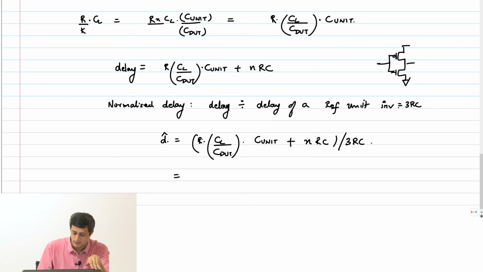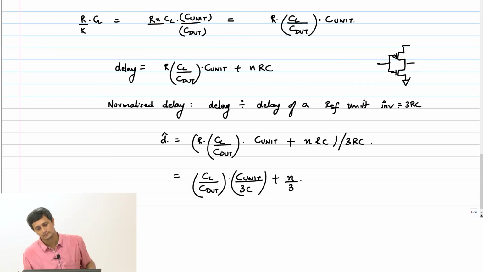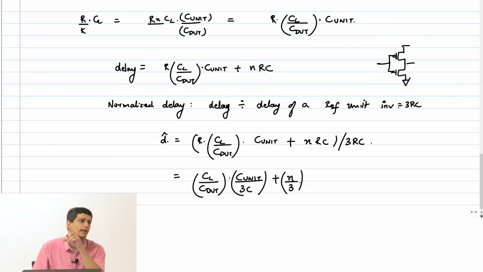So now what happens? Your R is gone. You will get CL by C DUT into C unit by 3C plus N times, N by 3. What was this, by the way? This was nothing but our normalized parasitic delay that we had.